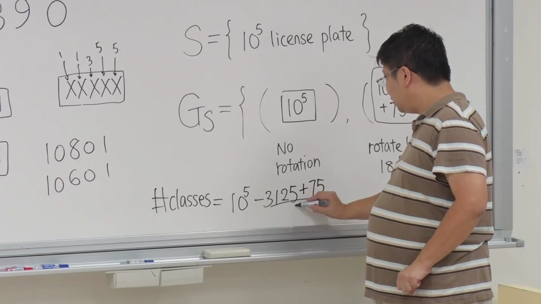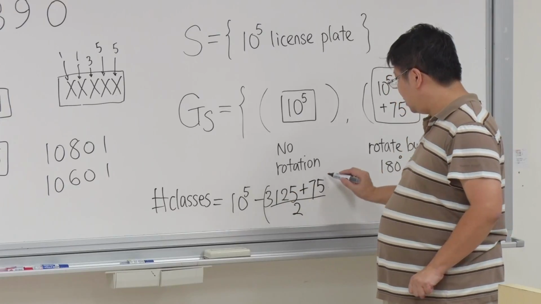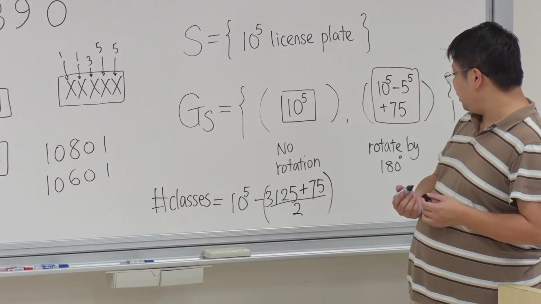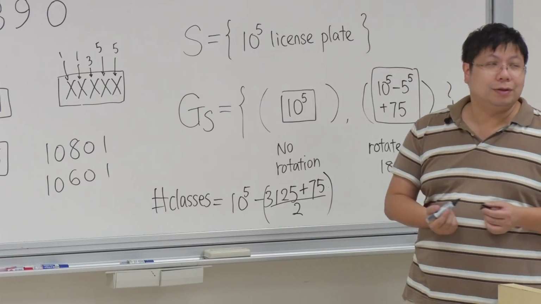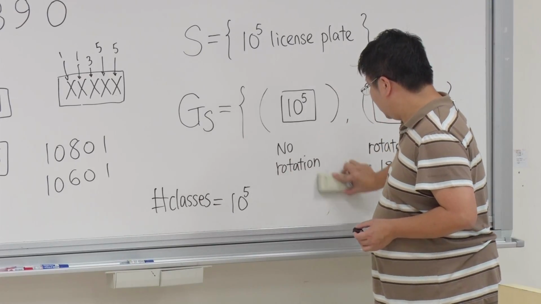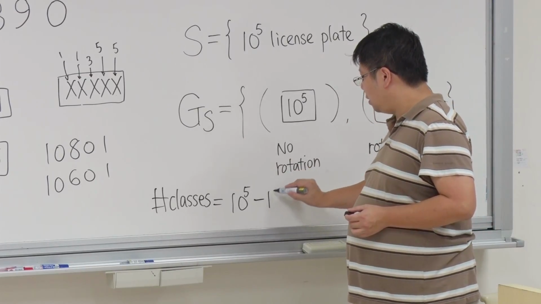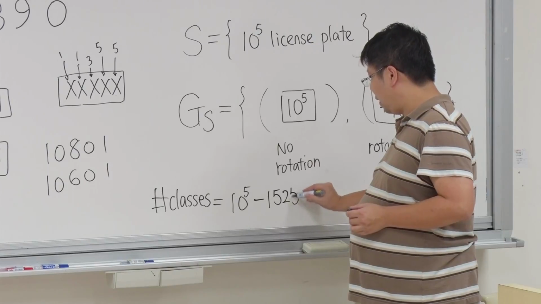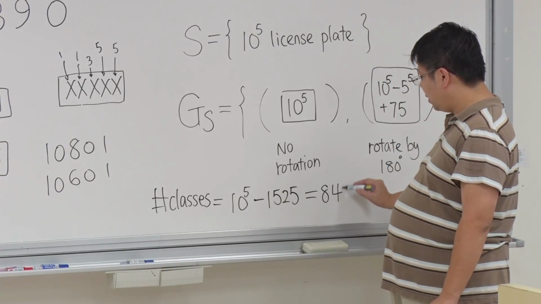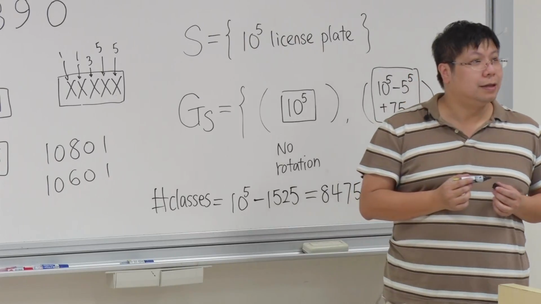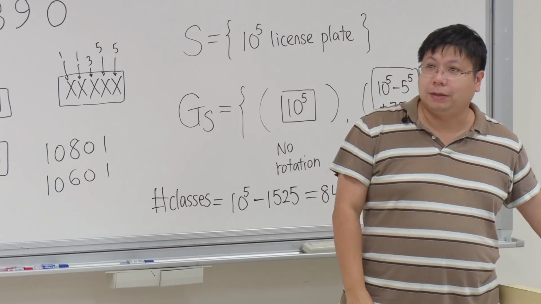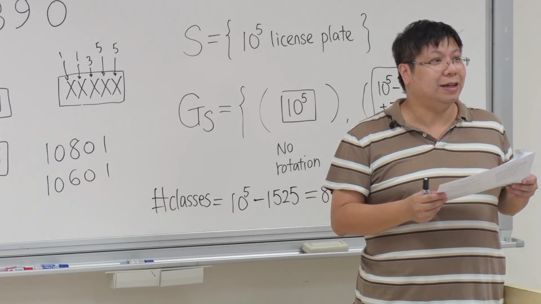And then for this one, you need to divide it by 2. Yeah, so this is 30501525, minus 1525. So if you calculate this, it's going to be 8475. Something like this. My calculation may be wrong, but this is the idea of how this can be solved. Is that okay?